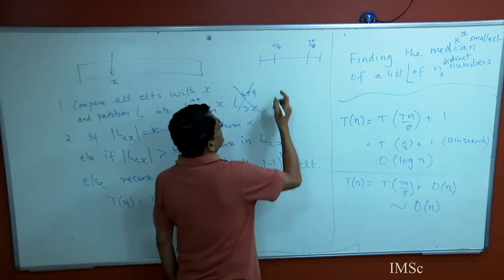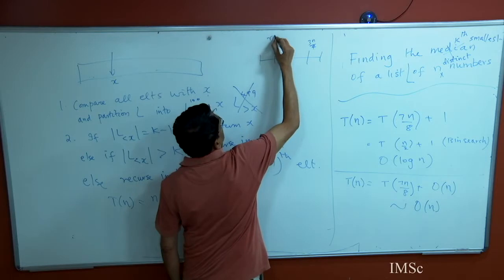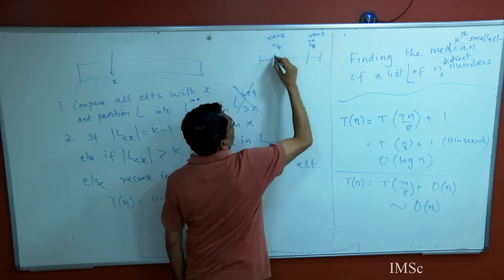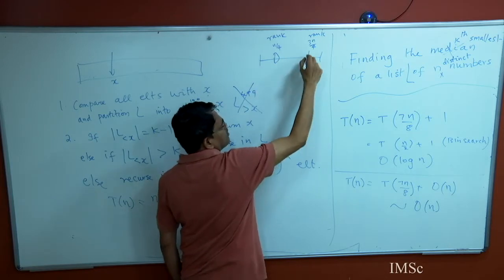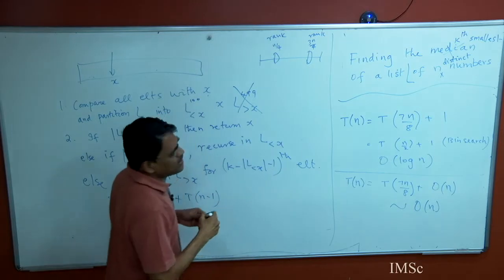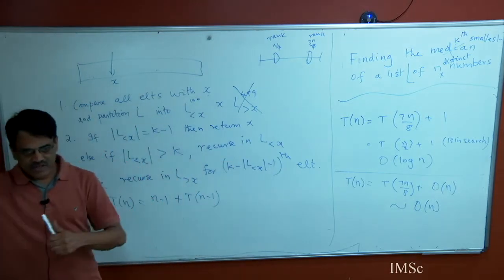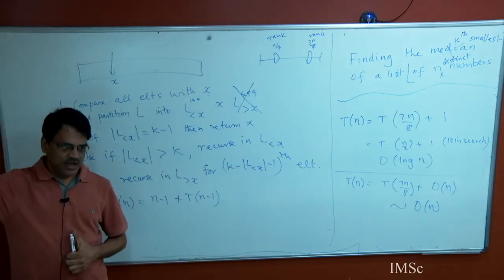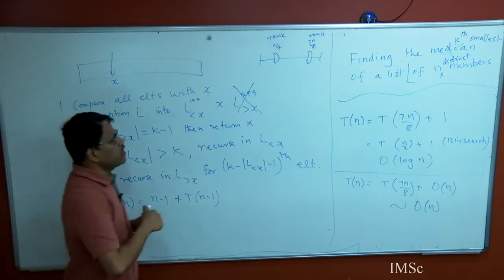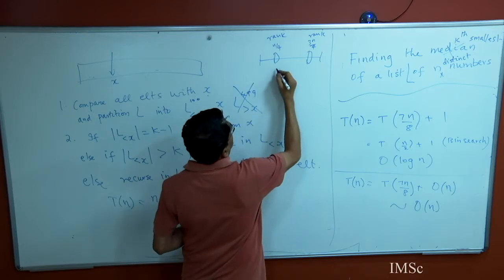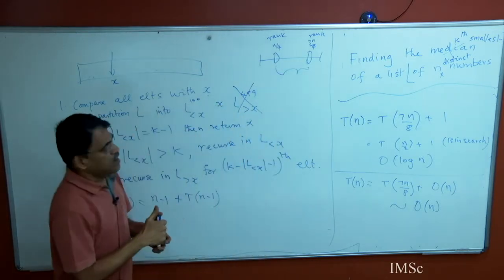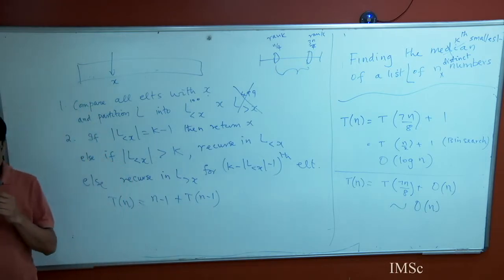So let's say this is an element of rank n by 4 and this is an element of rank 3n by 4. I mean, it need not be sitting here, but I just picked up some elements. Now I pick a random element. That means I close my eyes, consult a random number generator, which I am told will give me equally likely any of the locations. What is the probability that that element will have rank between n by 4 and 3n by 4?